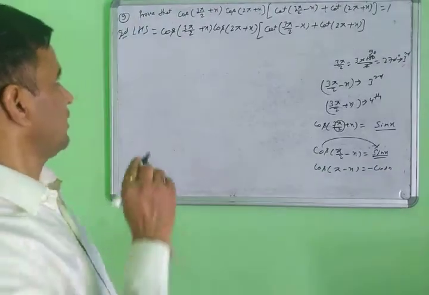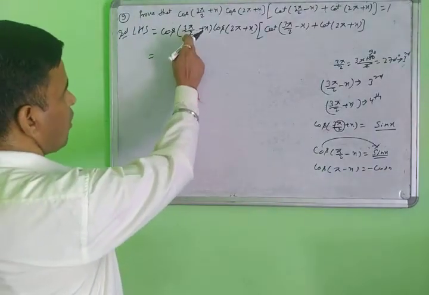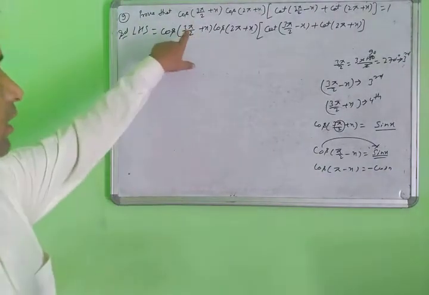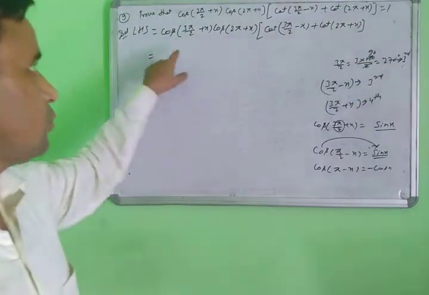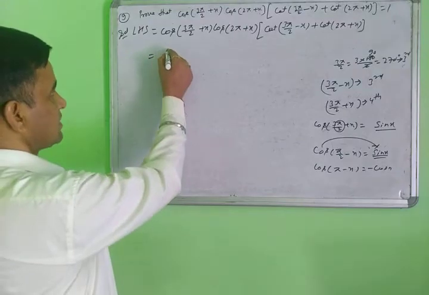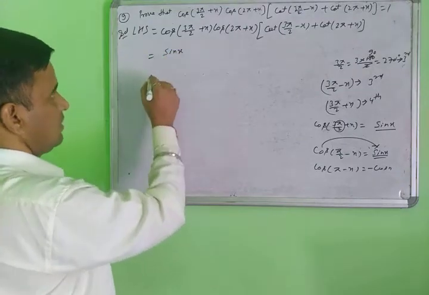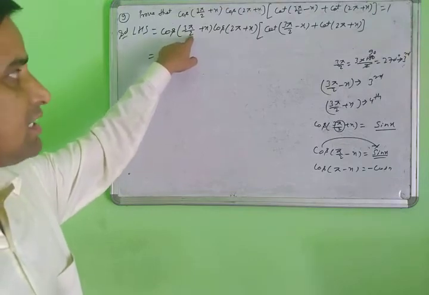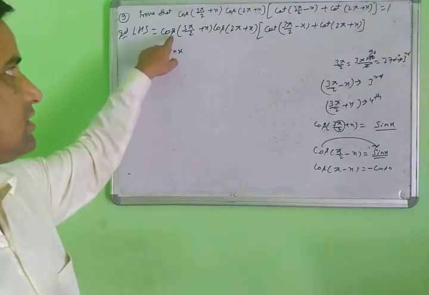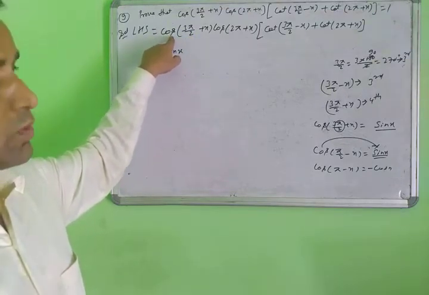So what will cos(3π/2 + x) be? 3π/2 means the fourth quadrant, and cos is positive in the fourth quadrant, so the value is sin x. Why sin x? Because of the form of 90, so it changes to sin, and the sign is positive because it is the fourth quadrant.